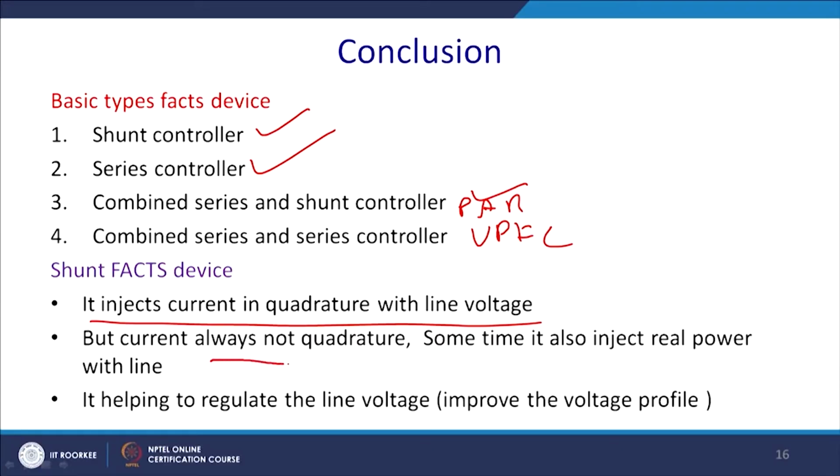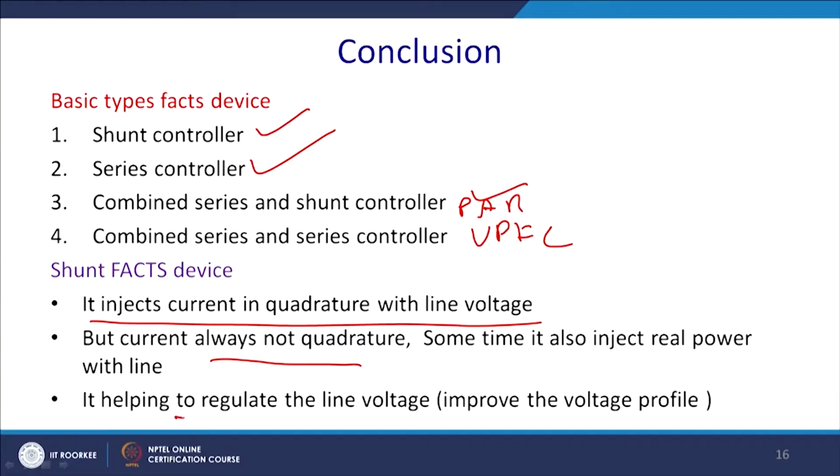So what does the shunt controller do alone? It injects current in quadrature with the line voltage. Since the current is not always in quadrature, sometimes it also injects real power into the line, mostly to meet the losses of the switches and the different parts of the circuits.